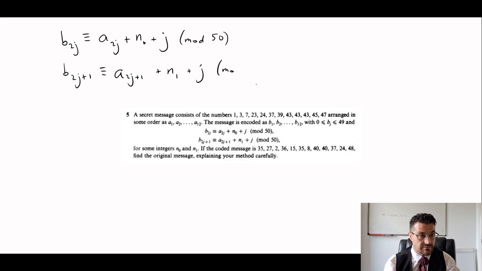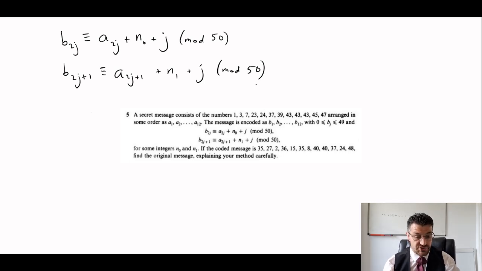B sub 2j is equal to A sub 2j plus n0 plus j, modulo 50, and B sub 2j plus 1 is equal to A sub 2j plus 1 plus n1 plus j, again modulo 50, for some integers n sub 0 and n sub 1.